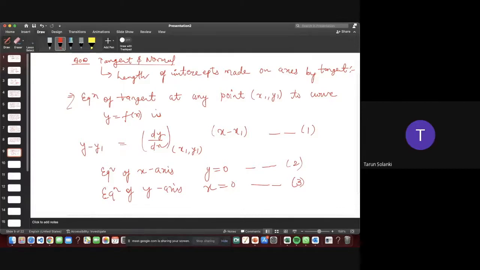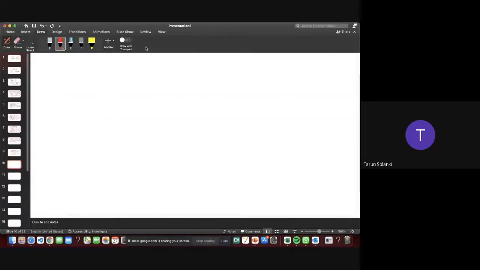So now, solving equation 1 and 2, we can write this is our A, this is our B, and the point on the curve is P of x1 and y1.